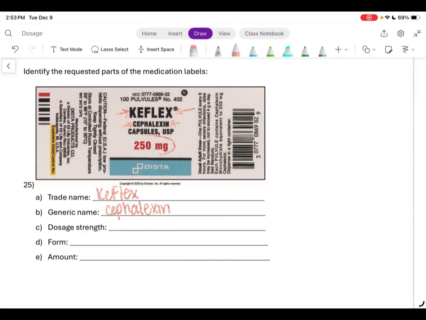Dosage strength, usually right in the center below the name, 250. Right? Form, capsule. And amount up here, there's 100 of them. Okay.